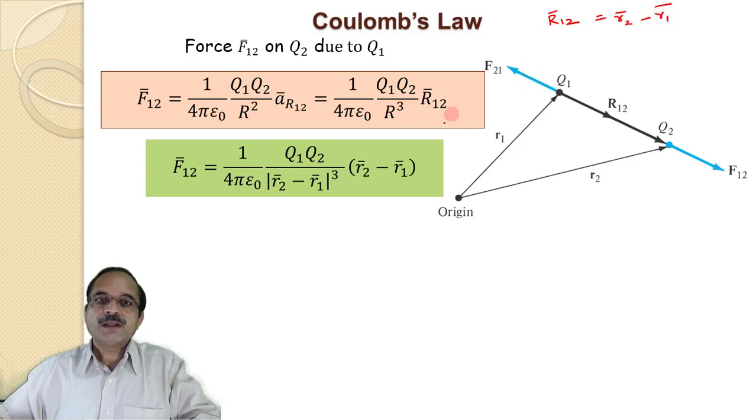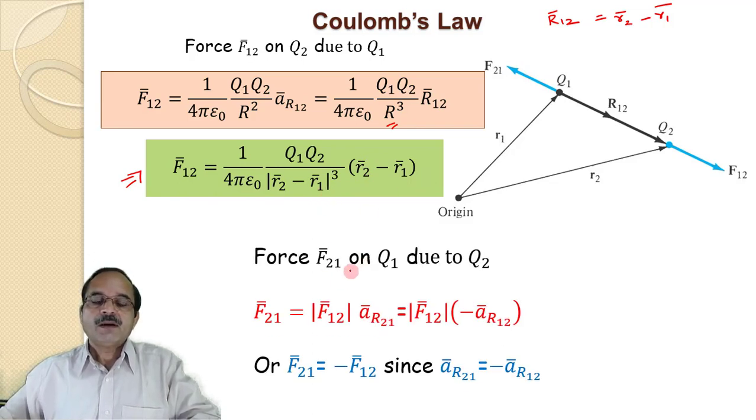So substituting this here for R12, it is R2 minus R1, and this R is nothing but magnitude of R2 minus R1. So that's why it is magnitude of R2 minus R1 cubed. So this is the expression for force on charge 2 because of charge 1 in terms of position vectors R1 and R2.